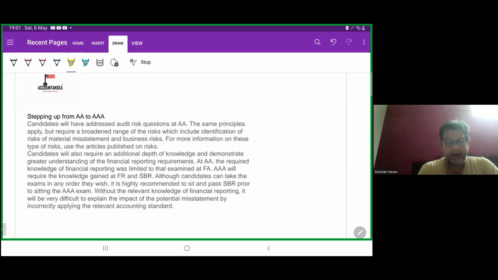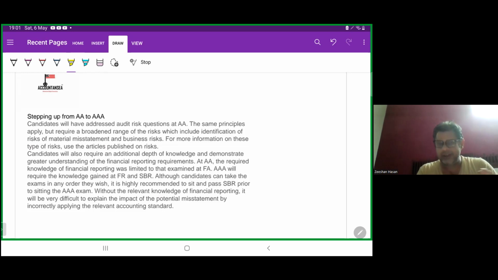Candidates will also require an additional depth of knowledge and must demonstrate greater understanding of financial reporting than at Audit and Assurance. The required knowledge of financial reporting was limited to financial accounting in Audit and Assurance, but in Advanced Audit and Assurance, you need knowledge of financial reporting and strategic business reporting as well.